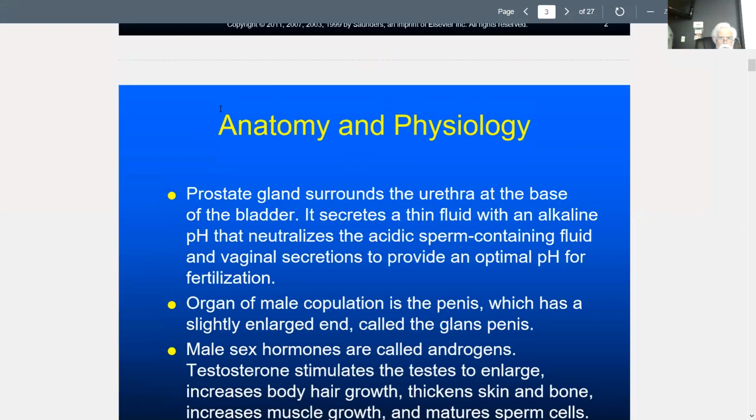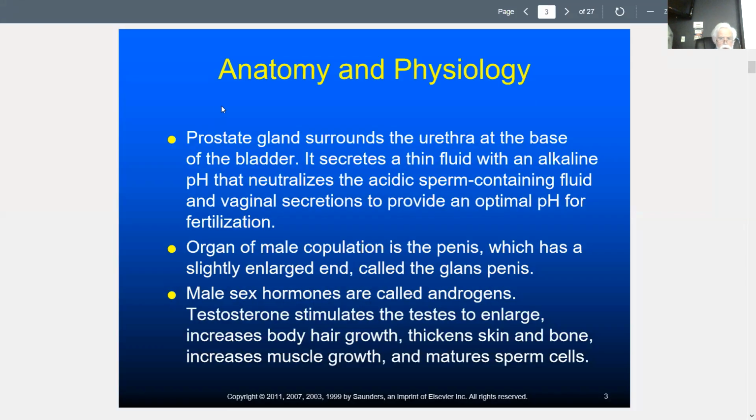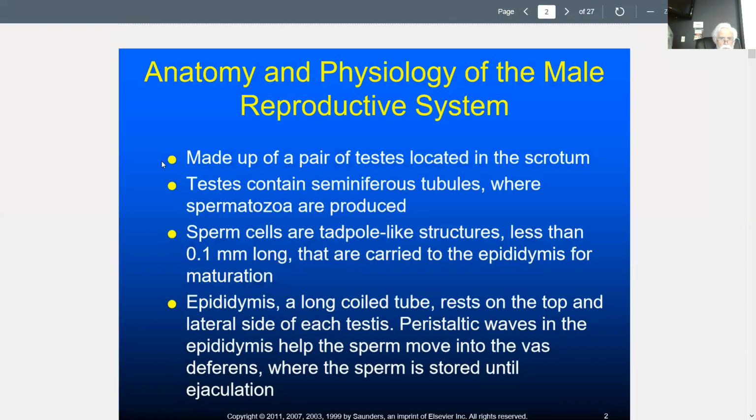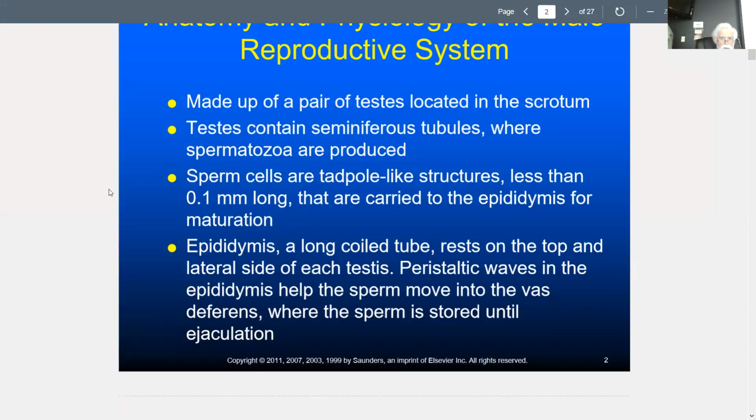The male reproductive system is composed really of a pair of testes, which produce spermatozoa, which then are stored in a tube called the epididymis, which is alongside the testis.